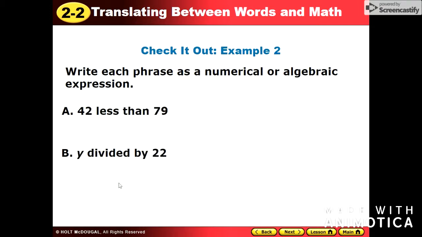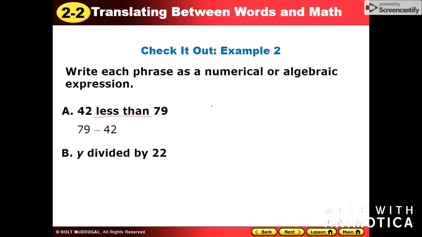Okay, to check it out, the example is on the back. We've got for number 2, 42 less than 79. Remember, use this key phrase. Less than would mean to subtract. So 79 minus 42. Notice here how in the word sentence, 42 came first.